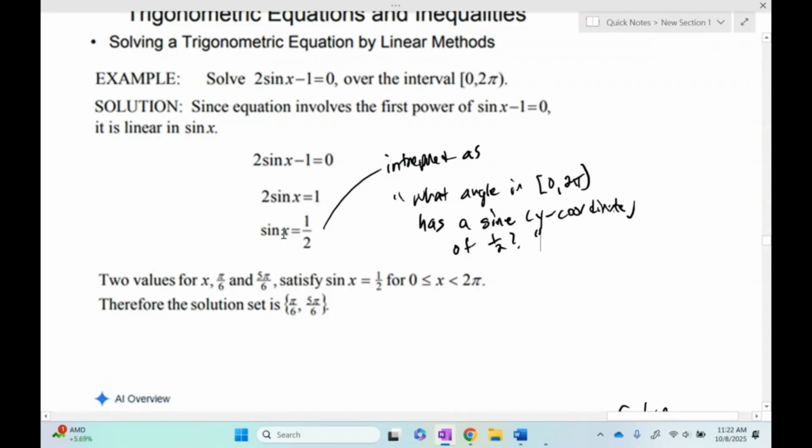Remember when we're in the arc function section, there was a certain interval in which that arc function could be found. Since this is not an arc function, I'm going to use the interval given from 0 to 2 pi. So we want to know what angle in this interval has a sine or a y coordinate of 1/2.